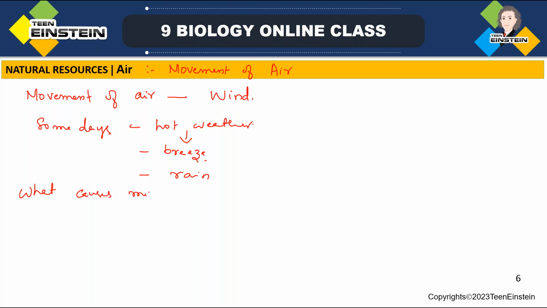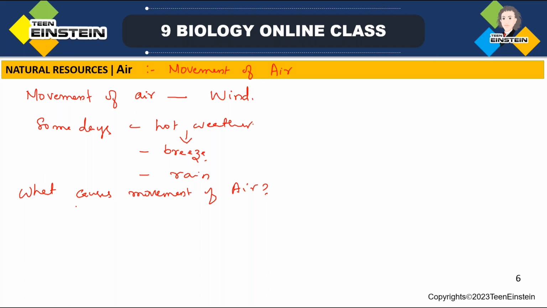What causes the movement of air? That's a question. And what is deciding whether the movement of this air is in the form of a gentle breeze or a strong wind or a terrible storm? So what brings us rain?